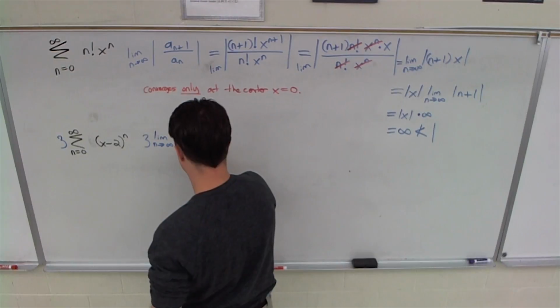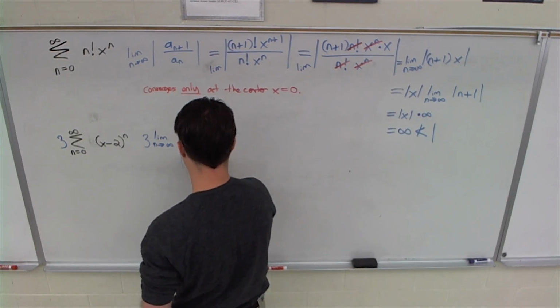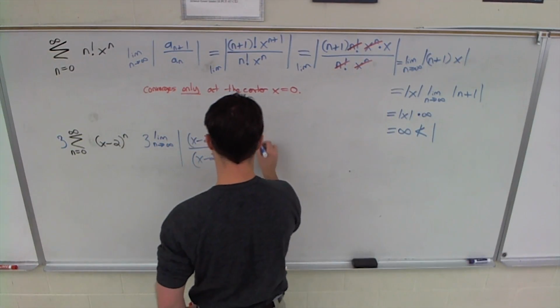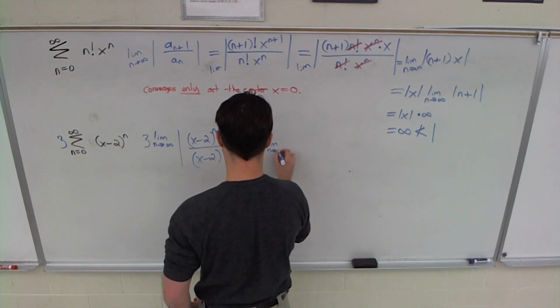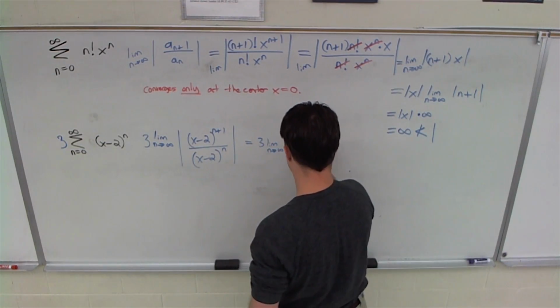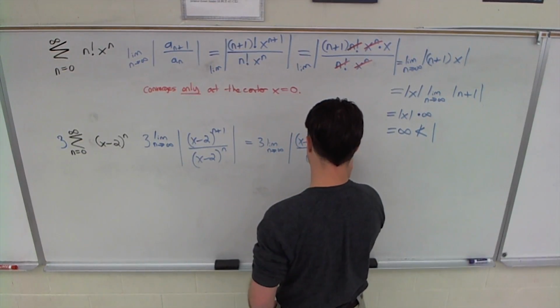So we're going to go x minus 2 to the n plus 1 over x minus 2 to the n, which is going to be, basically, x minus 2. Yes, ma'am. I'm going to show it though, just for anyone interested.